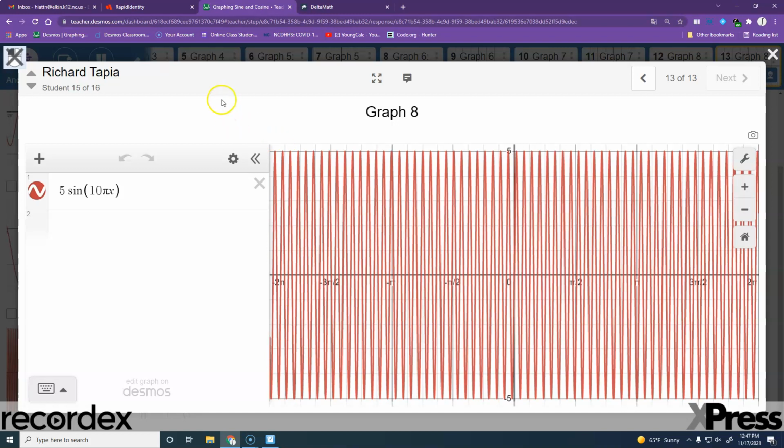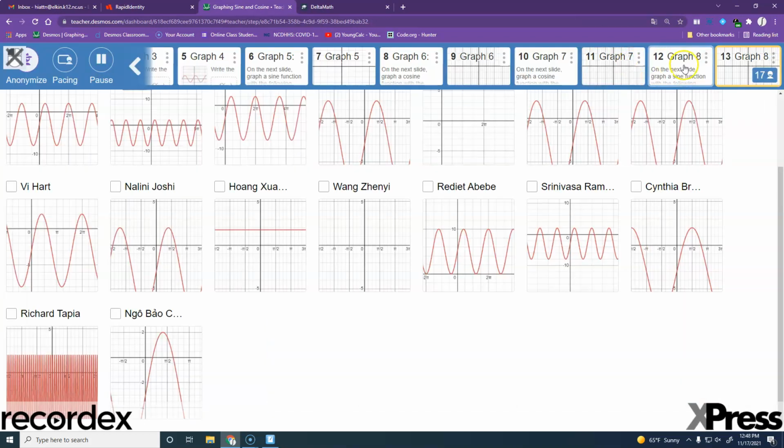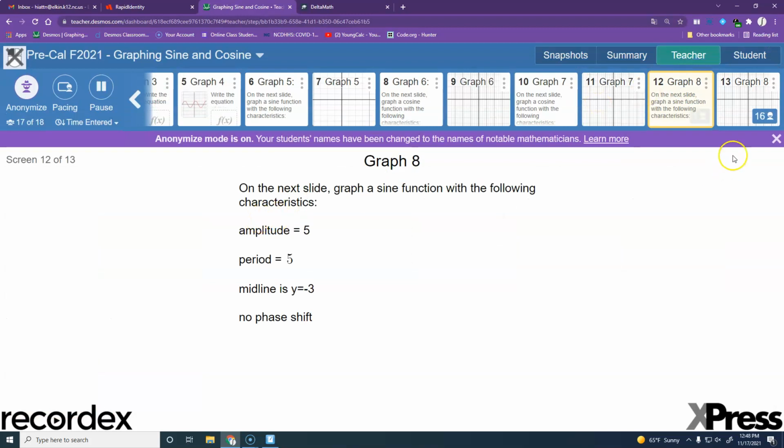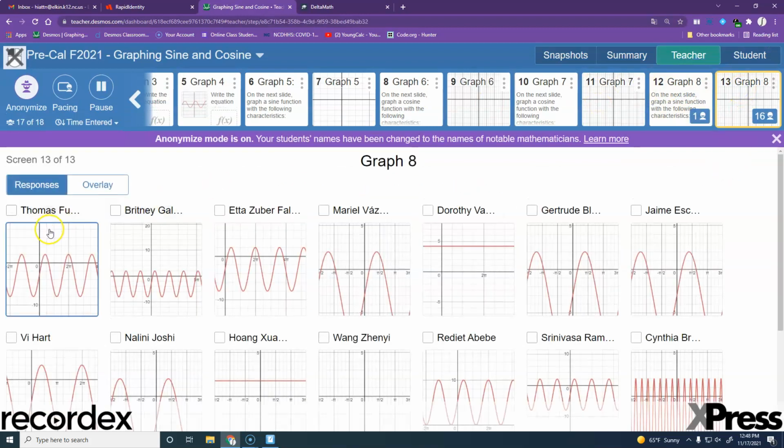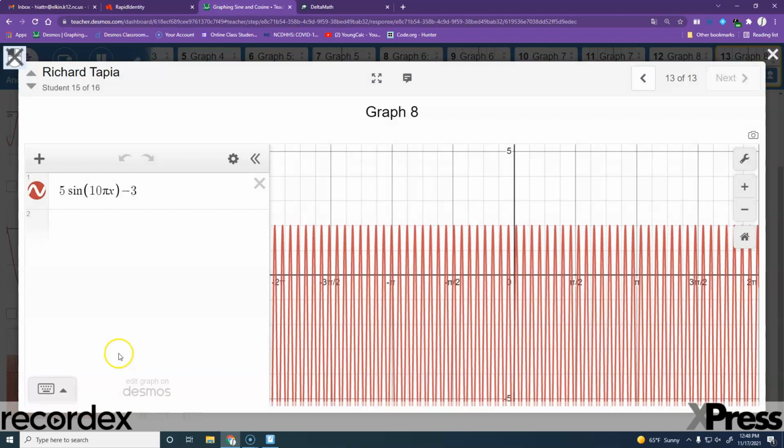Okay, Richard may not have been finished. What was the midline supposed to be? I'm forgetting. Let me put it back. Midline's negative 3. So now Richard has his midline correct. We need a minus 3 here, and we need a 5 out here for our amplitude. That is correct.